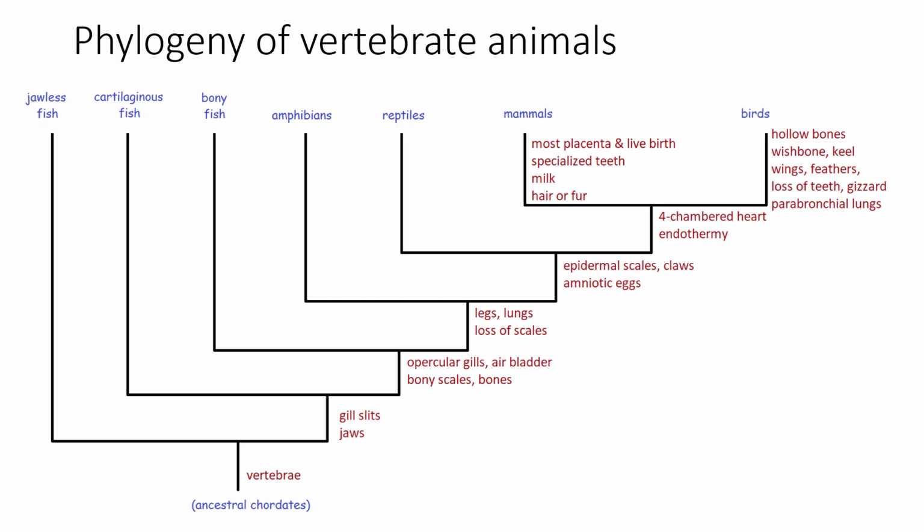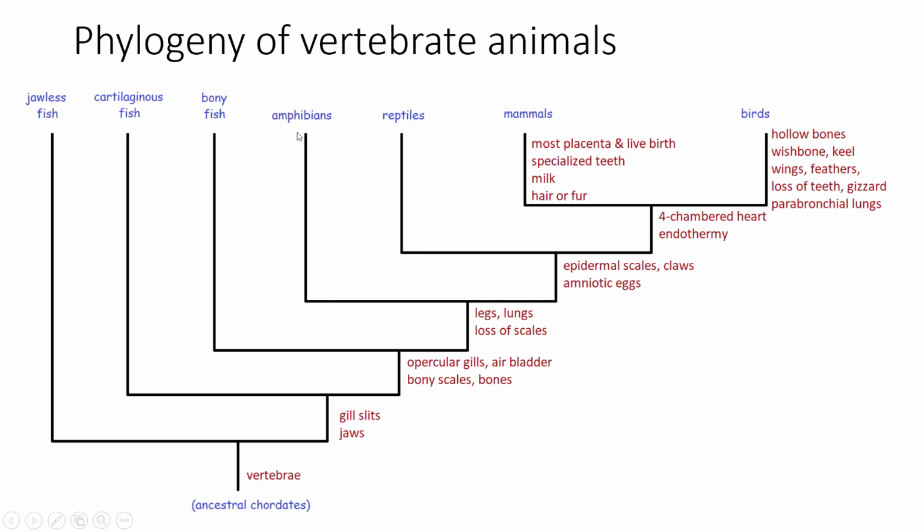They have bony scales and bones for protection, but despite the bones being heavier than water, they're able to regulate their depth in the water by use of an air bladder. They can pump oxygen in or out of this air bladder to rise in the water column or sink. So they're very maneuverable, and they have coverings over their gills called opercula that can move to help circulate the water over their gills to get food and oxygen.